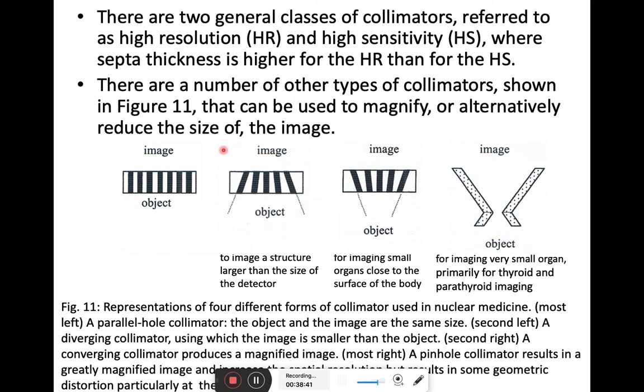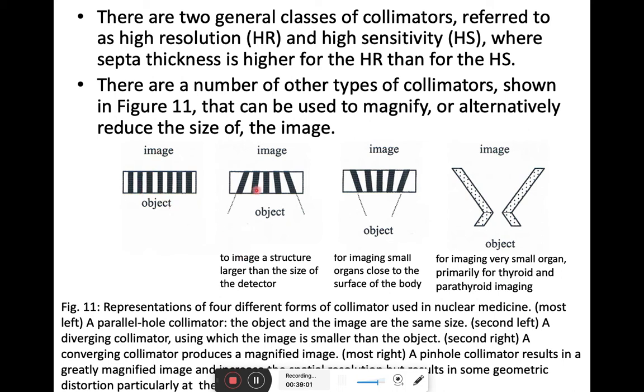There are a number of types of collimators to magnify or reduce the size of the image. It depends on the purpose of that collimator.